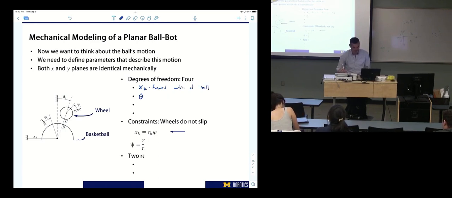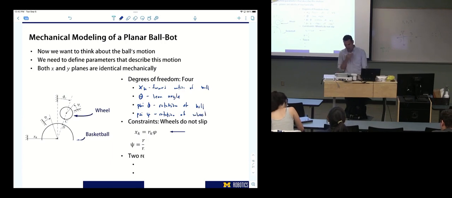So we have x of k, so we'll say forward motion of the ball. We have theta, which was our lean angle. We have phi, which was the rotation of the ball. We have psi, which is the rotation of the wheels. Oh man, looks like there's a box here that shouldn't be here.